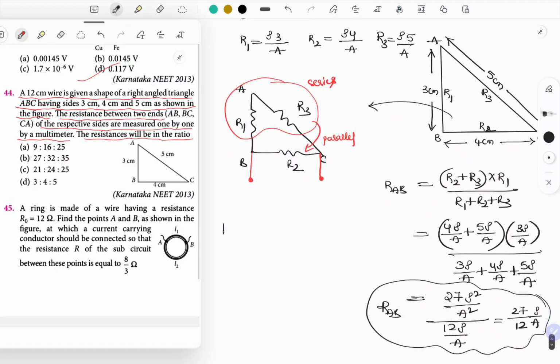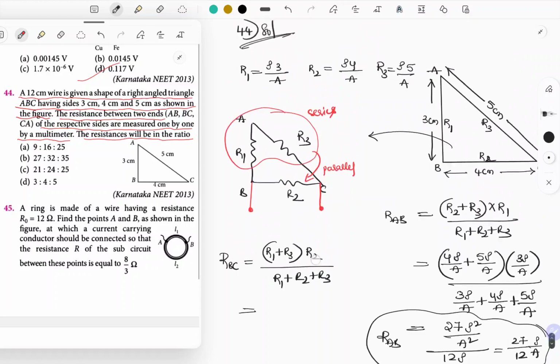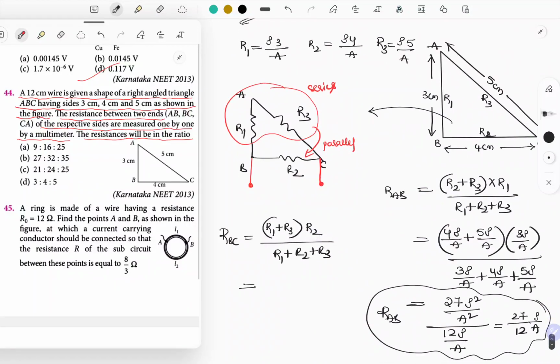Let me find it. So this is RBC. RBC is R1 and R3 connected in series, and they are connected in parallel with R2, divided by R1 plus R2 plus R3. R1 plus R3 is going to be 4 rho by A and 3 rho by A. Let me substitute directly. Both are similar values only, no? So you just can add them directly. That is 7 rho by A into R2, sorry, R2 and R3, right?